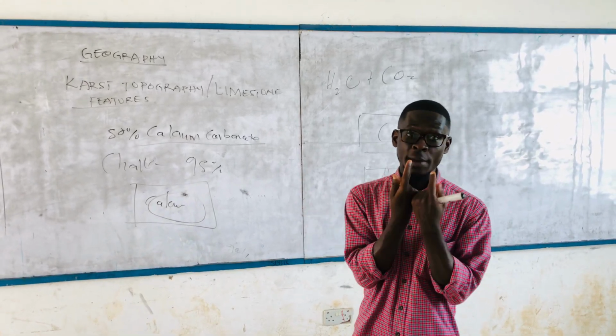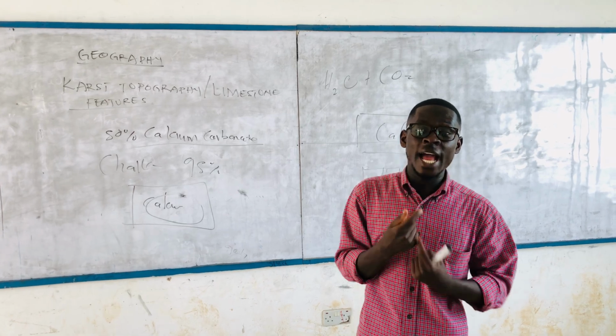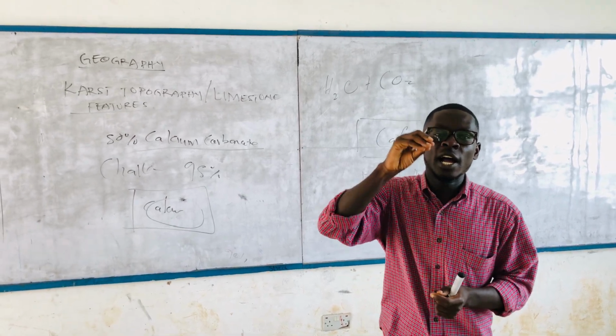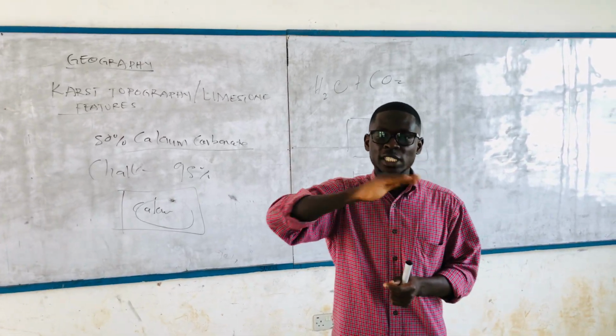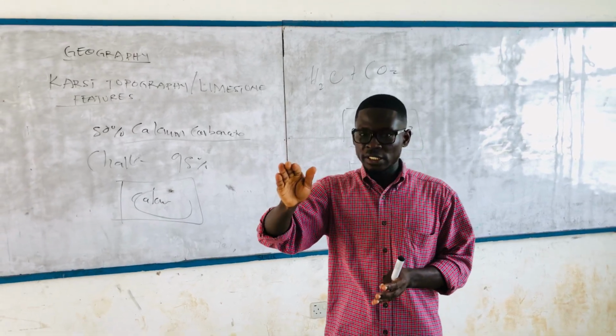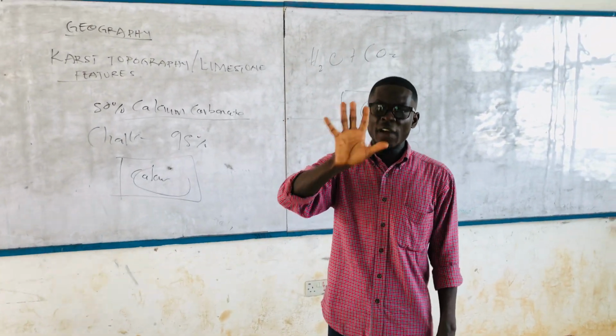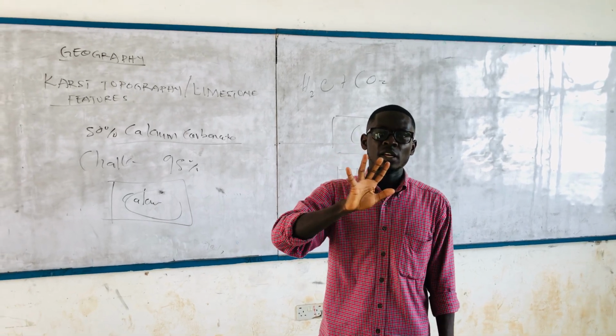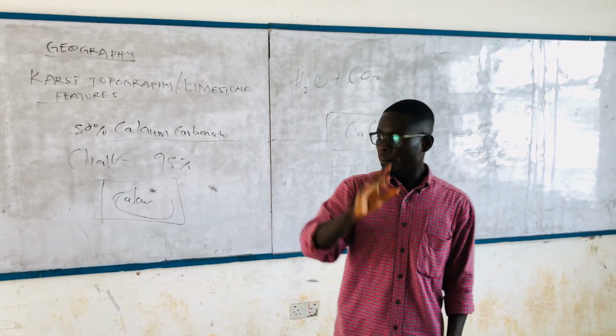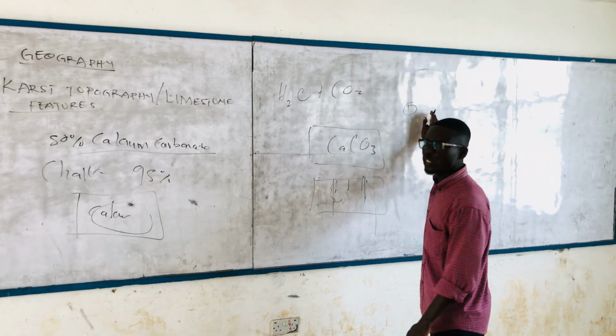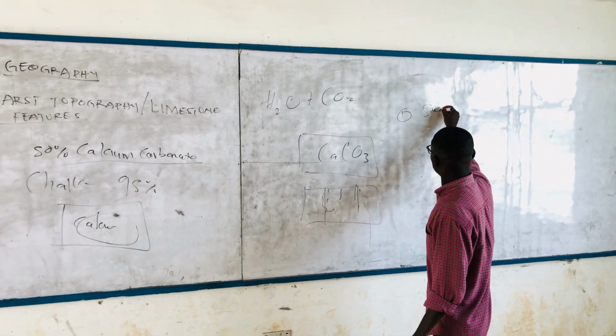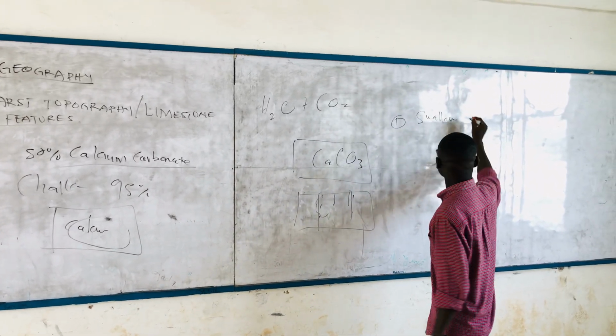These features that are visible to the geographical eye are termed surface limestone features. We have almost 5 features formed by this process. The first one is termed the swallow hole.